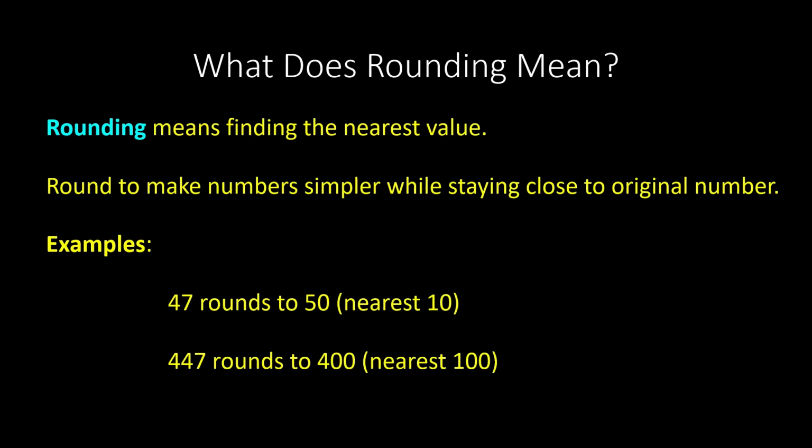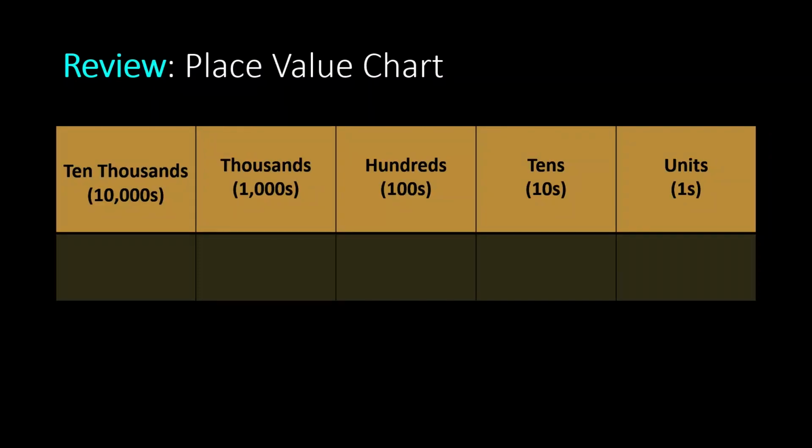Before we get into the technicalities, let's review the place value chart. This place value chart shows the names of each position. From right to left, we have ones or units, tens, hundreds, thousands, and 10,000s.